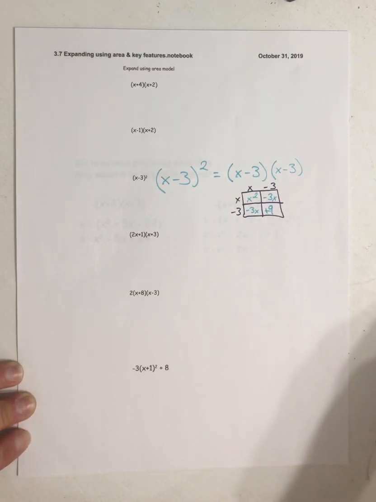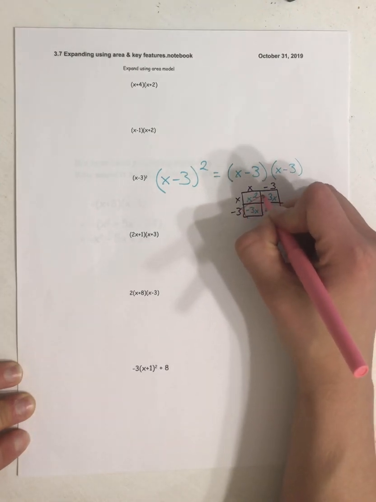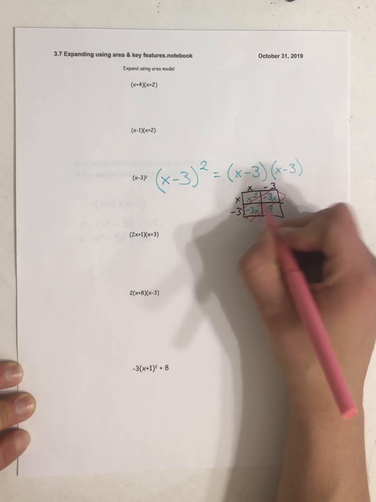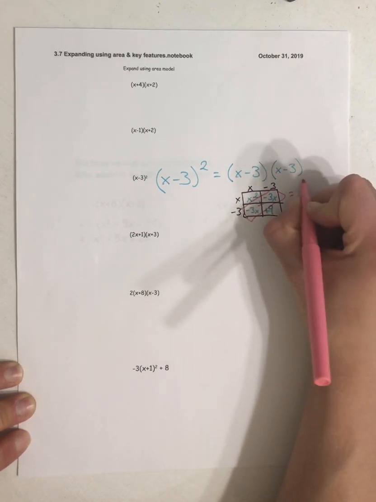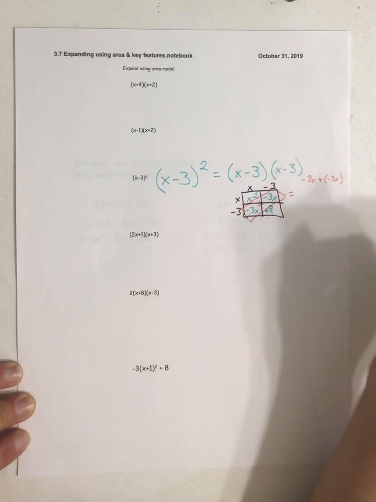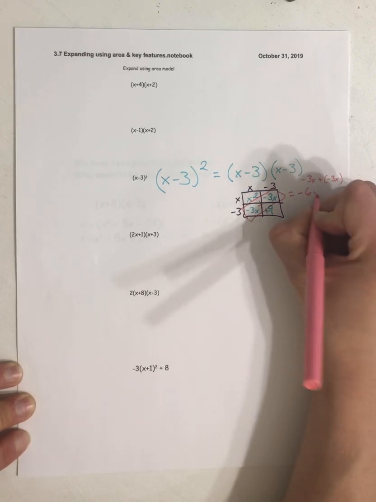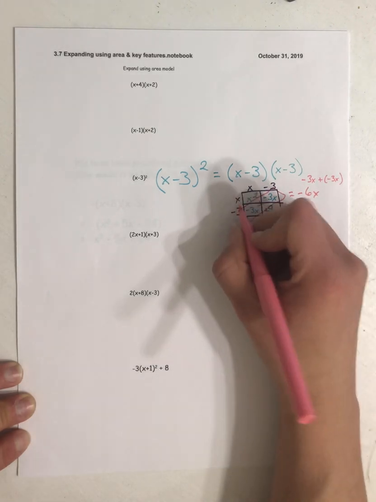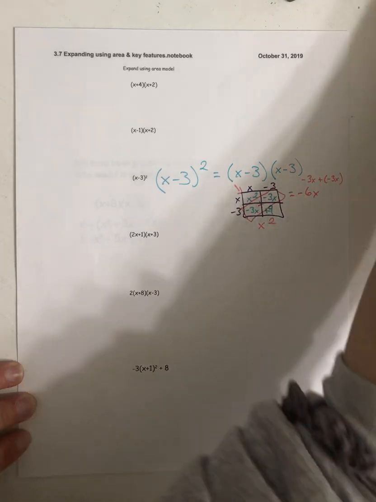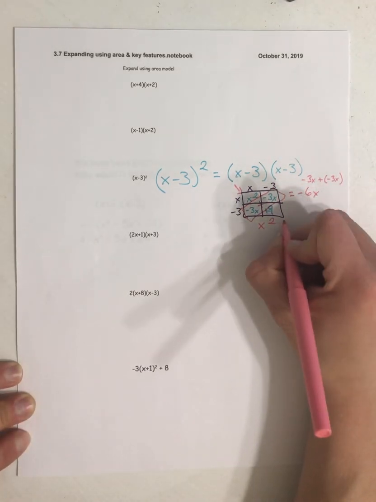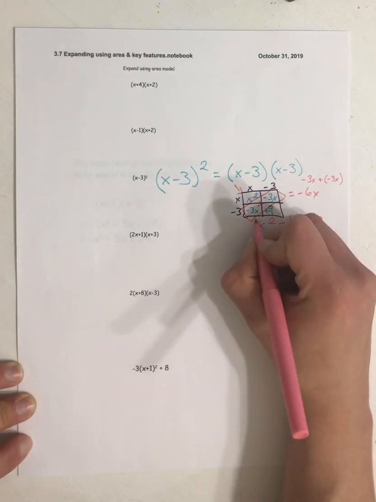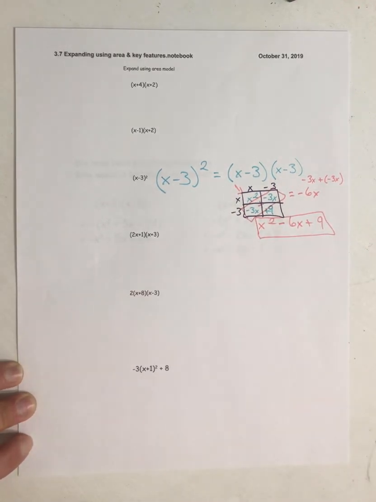And then we take these and we add them together. So negative 3x plus negative 3x gives us negative 6x, and then we write it out. So we have from this way x squared minus 6x plus 9. That's our standard form.